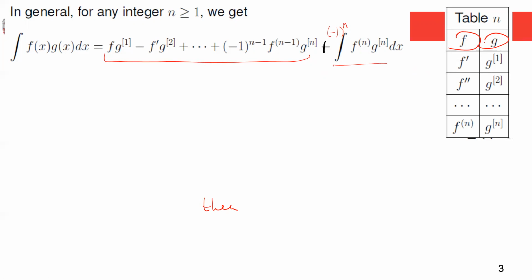We integrate g n times. Each time we integrate g, we set the constant c to be 0. And then we can form those diagonal products, and then the integral of the product of the functions in the last row.